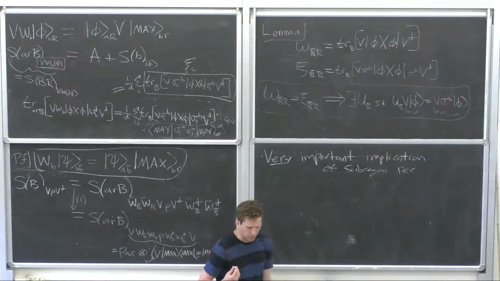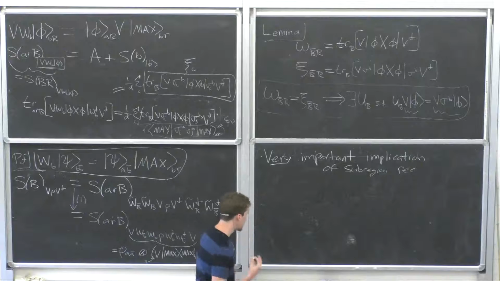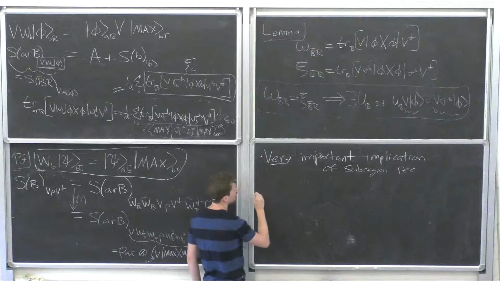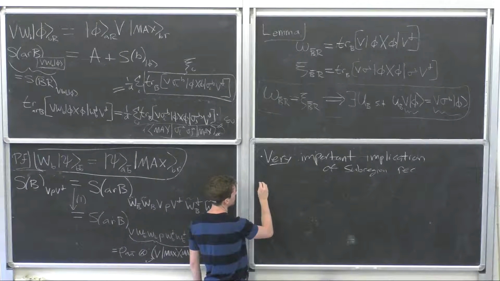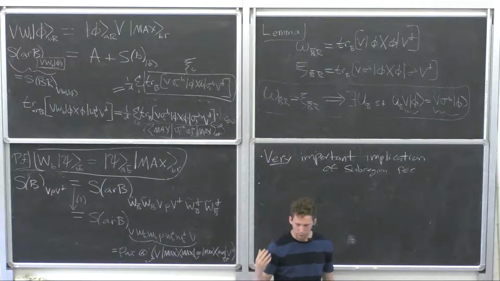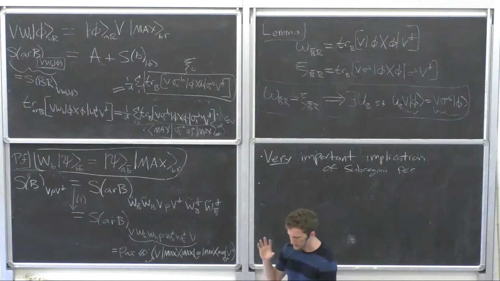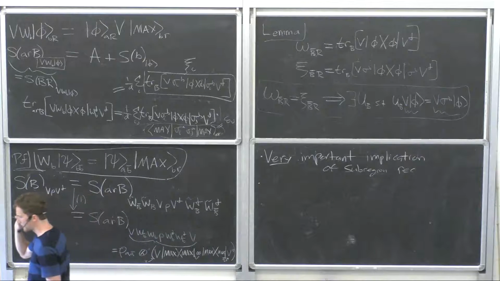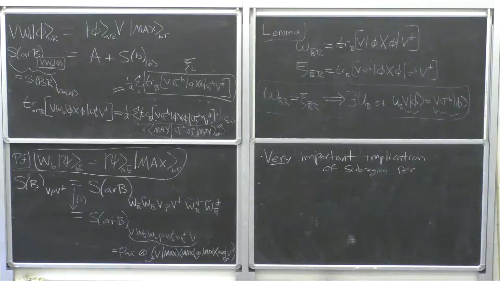And actually, before I say it, let me set up the stakes. So the stakes are, we proved before that, at least in this limited context of fixed QES subspaces, you can use capital B to reconstruct operators in its entanglement wedge.